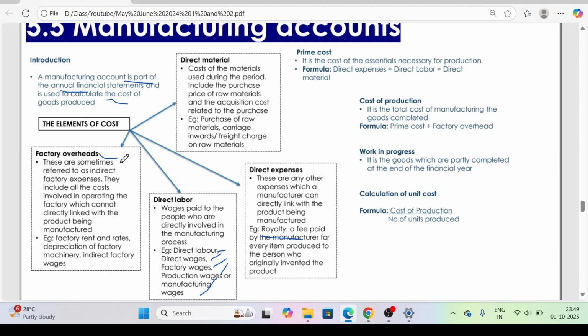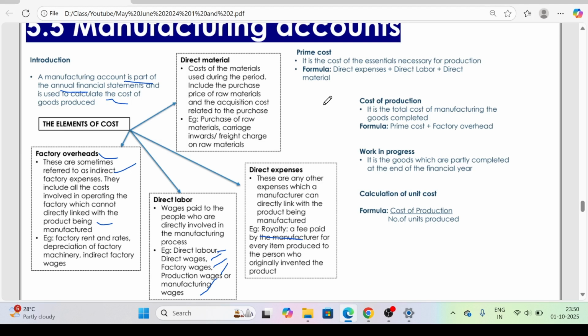Sometimes we also call them indirect factory expenses. They include all the costs involved in operating the factory which cannot be directly linked with the product being manufactured. Example, factory rent and rates, depreciation of factory machinery, indirect factory wages. So this is factory overheads.